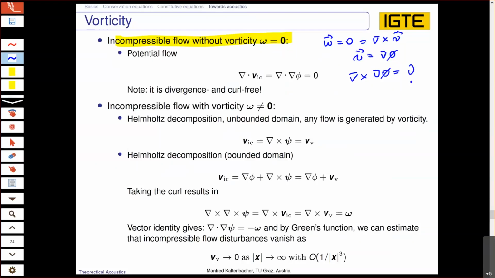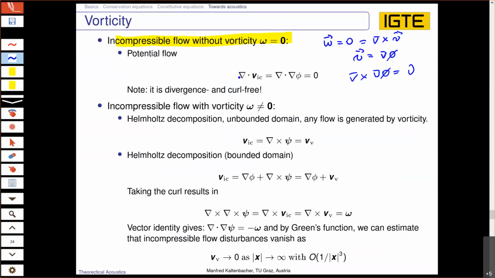Okay, so you see that this is quite interesting. A potential flow has the property that the divergence is equal to 0, because incompressible flow means the divergence of the velocity is 0. On the other hand, the curl of the velocity is 0, so it is divergence free and curl free.